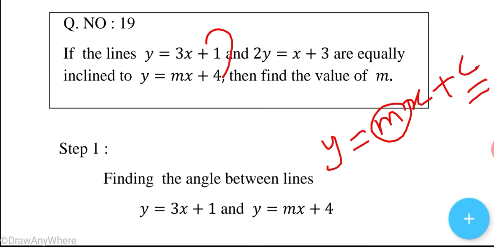For the line y equal to 3x plus 1, the slope m is 3, and for the line y equal to mx plus 4, the slope is m.